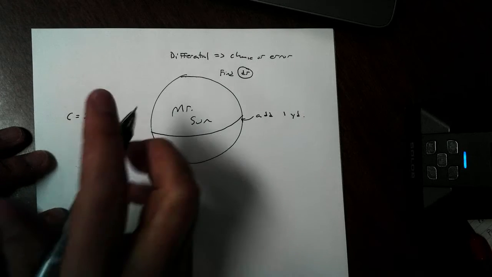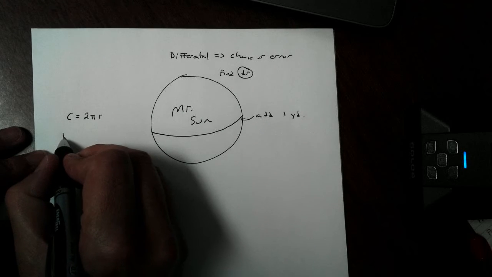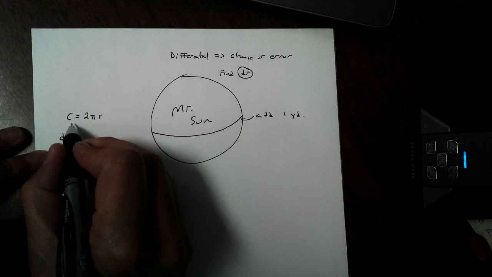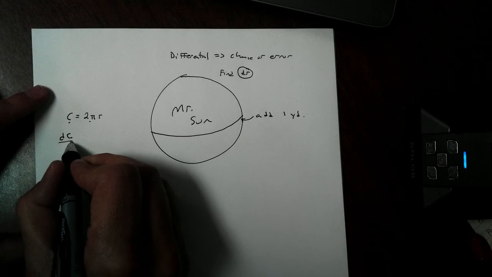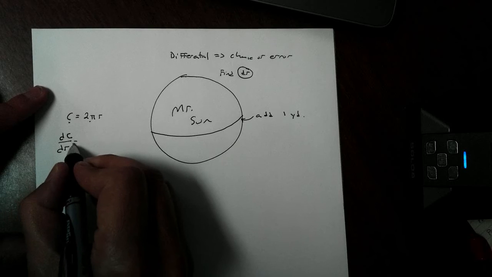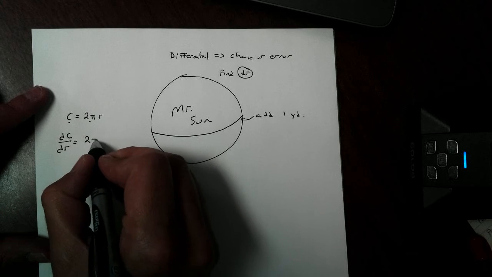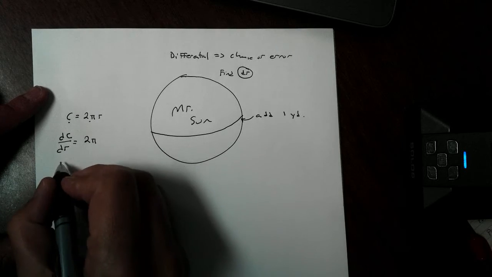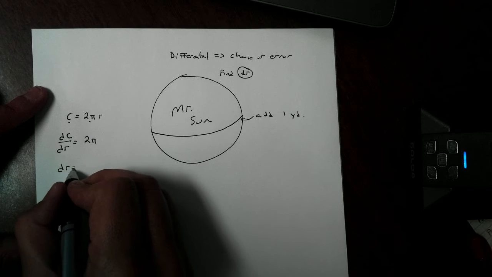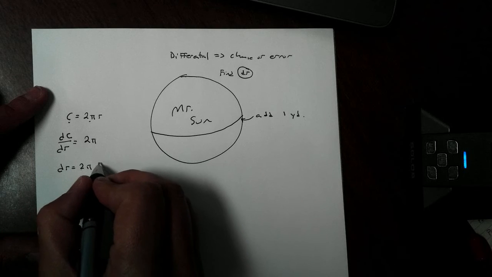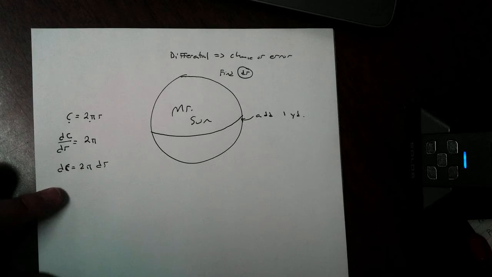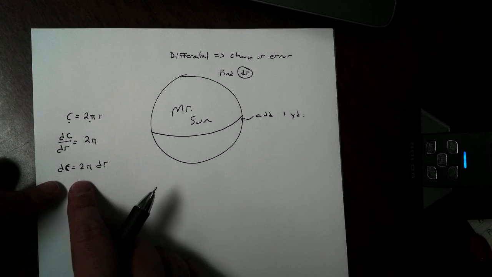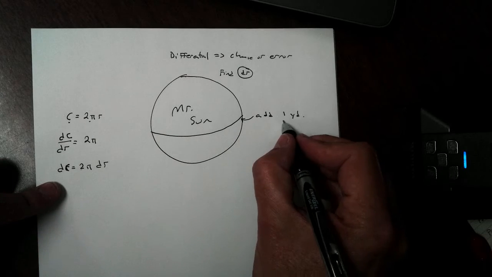To solve this, I can find my differential, take the derivative of my circumference with respect to r, so dc dr, and that's just going to equal 2 pi. Solving for the differential, dc would equal 2 pi dr. Now, remember, we're adding 1 yard.